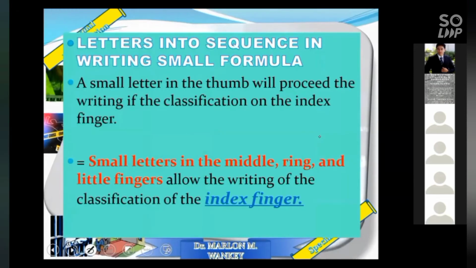Dalawa yung kukumputin natin sa secondary classification. Letters into sequence in writing small formula. A small letter in the thumb will proceed the writing of the classification on the index finger. Okay? Small letters in the middle, ring and little fingers allow the writing of the classification of the index finger.